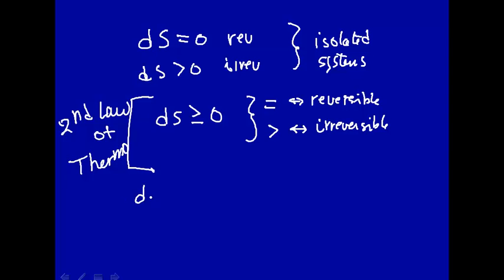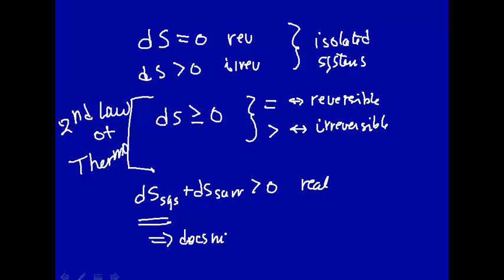Now note that we just said that dS of the system plus dS of the surroundings, if it's not an isolated system, but the total, of course, that's the universe, has to be just greater than 0 for real processes. This does not necessarily mean that dS of the system always has to be greater than 0.